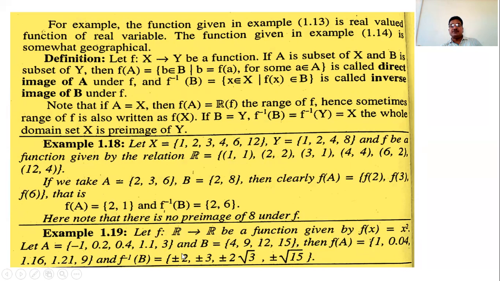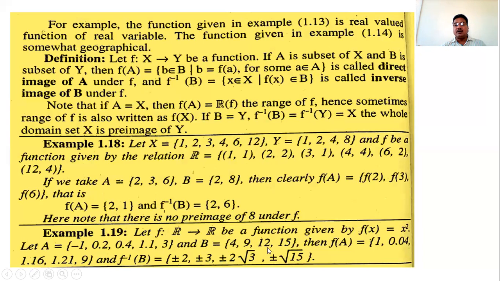And what is f inverse B? Suppose B is this set {4, 9, 12, 15}. So 4 is the image of what? Plus 2 and minus 2, because f(+2) is 4 and f(-2) is also 4. So 4 has 2 pre-images, plus minus 2. 9 also has 2 pre-images, plus 3 and minus 3.